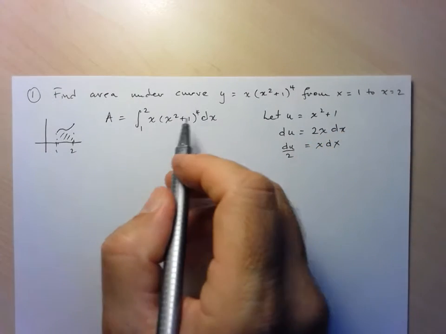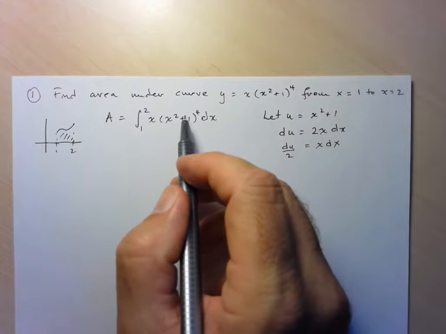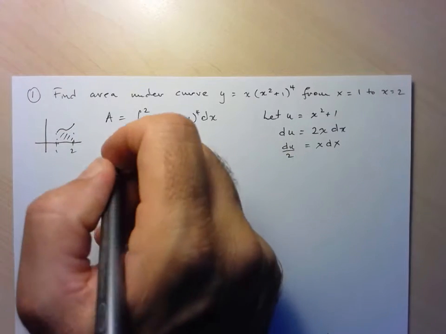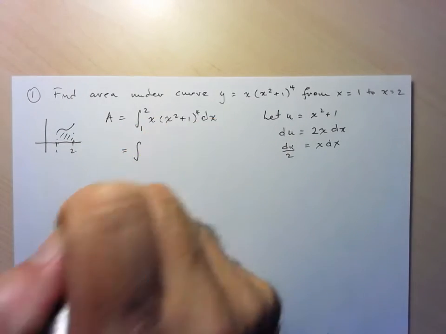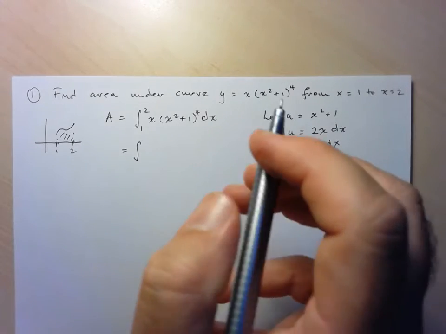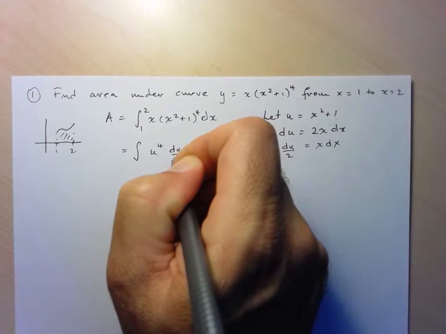So x dx can be replaced by du over 2, and this (x squared plus 1) to the fourth can now be replaced by u to the fourth. So in other words, I'm able to rewrite this integral from an integral in x to an integral in u. So this is just going to be u to the 4 times du over 2.